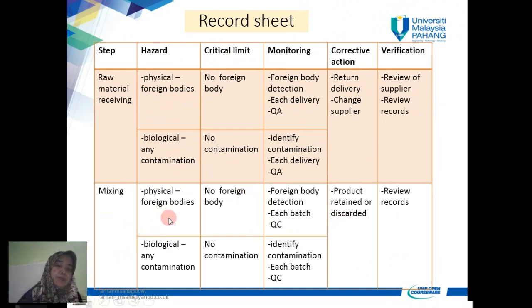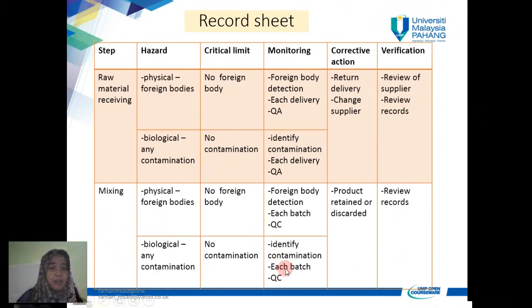Okay, for the mixing part, because the mixing process is open, physical contamination can occur. Therefore, we have to eliminate everything before the next step. Therefore, it is critical. Under mixing, biological contamination, the limit is no contamination.